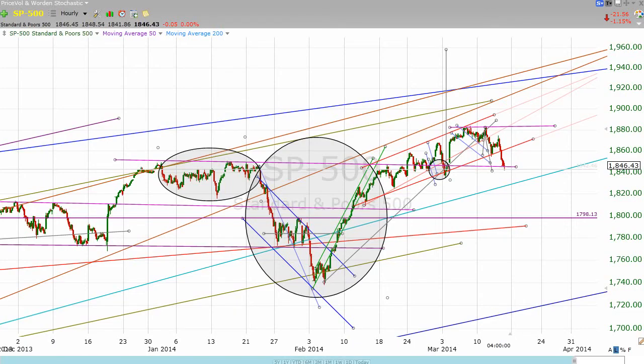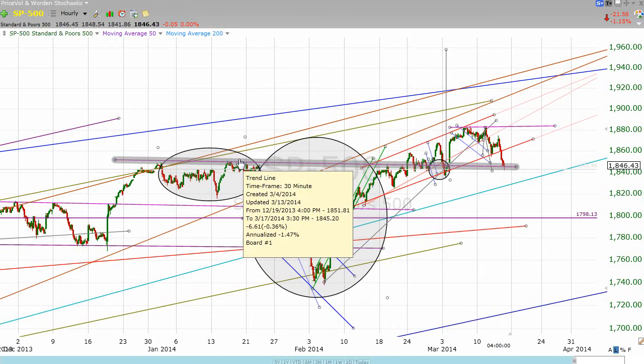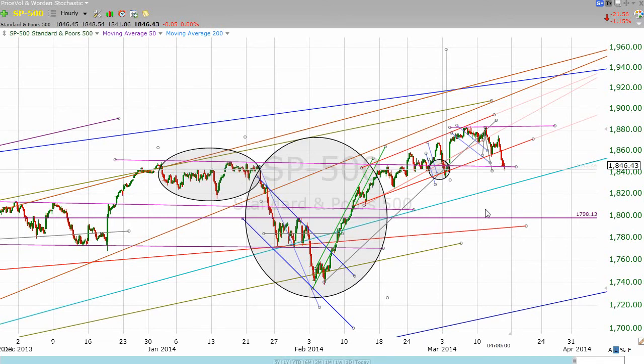First thing I want to do is take a look at an hourly chart, because where we ended up today really calls for a close examination of our neckline to this inverted head and shoulders pattern that's got this little short right shoulder here. Because we came down pretty hard today.